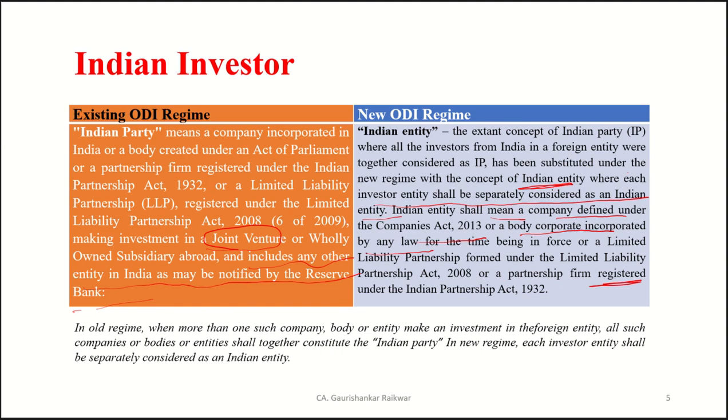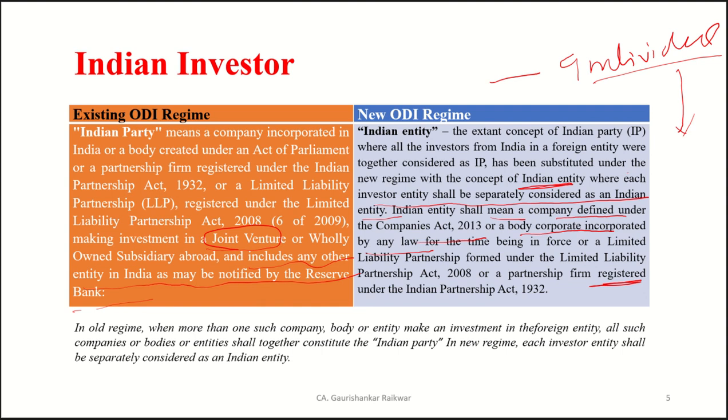So friends, there is no mention of individual. You can see there is no mention of individual in the definition, but under the LRS, resident individuals are allowed to make overseas direct investment up to the limit of LRS, that is 2,50,000 per financial year.